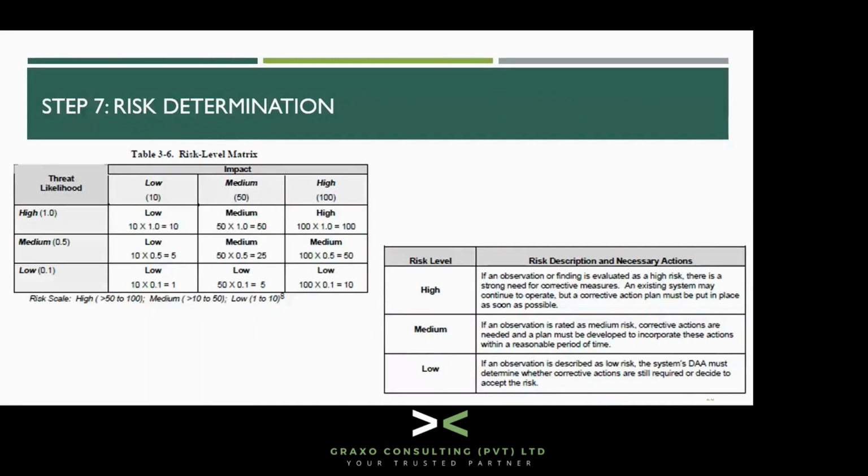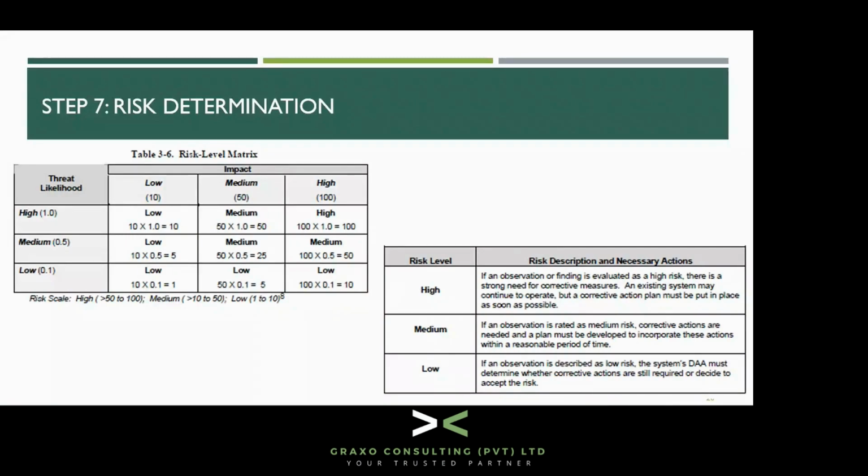So you can see at the right bottom, it is high impact and low likelihood. So when we take low likelihood 0.1 and high impact 100, the value comes out to be 10.